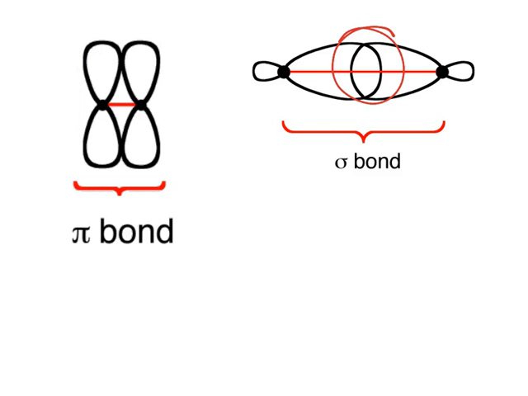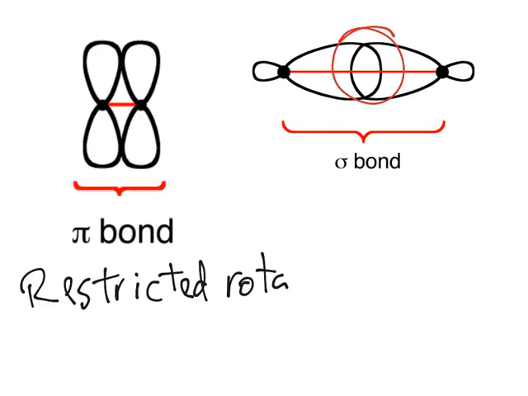And the difference between the pi bond and a sigma bond is that a pi bond does not have free rotation, so it has restricted rotation. And it is just present in double and triple bonds.